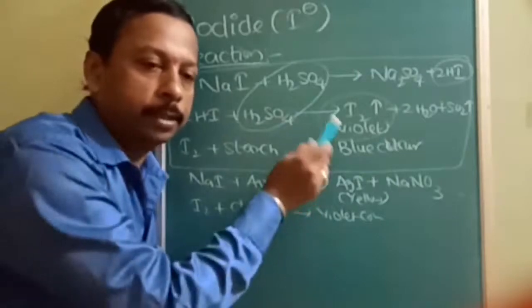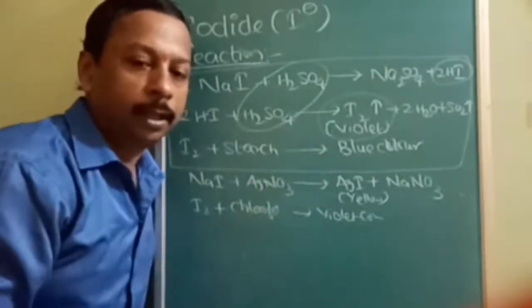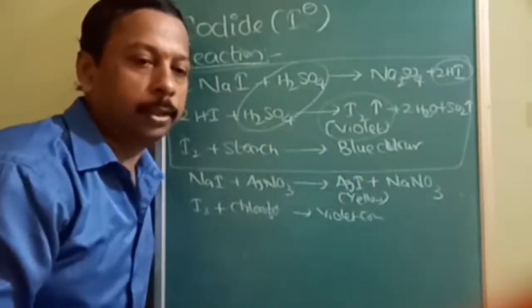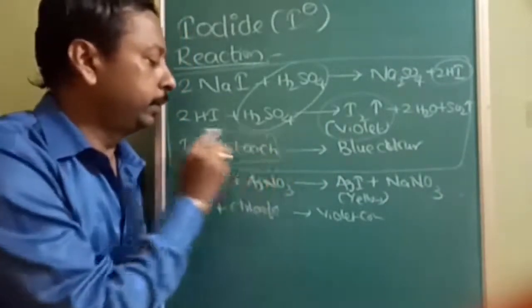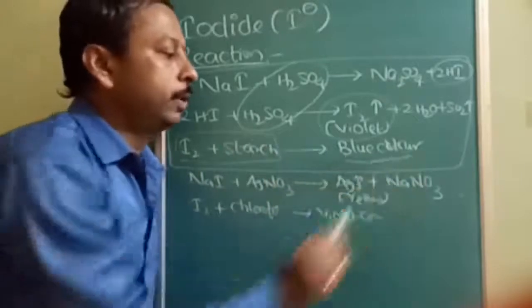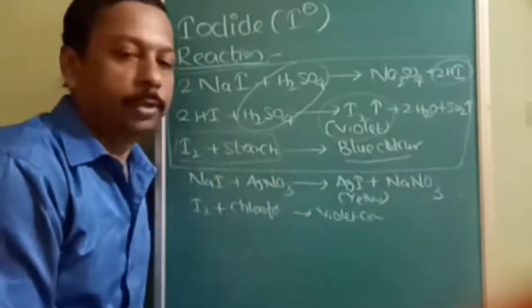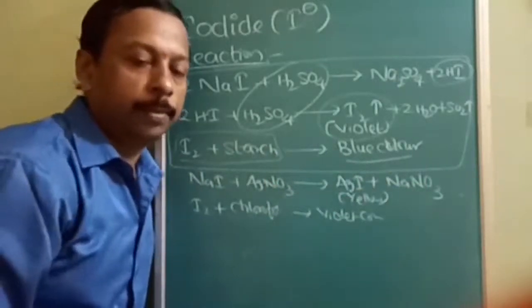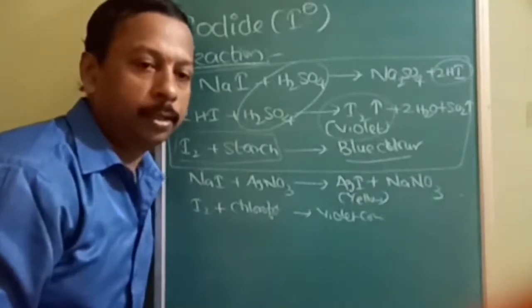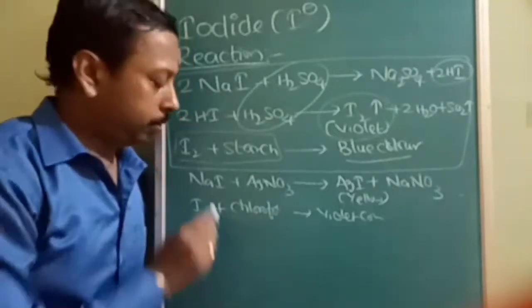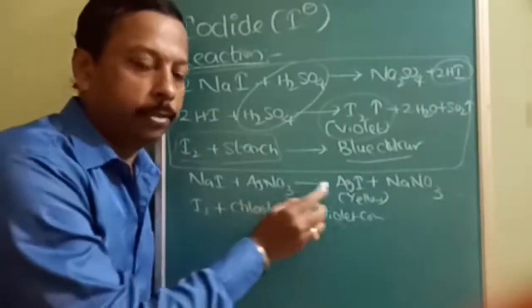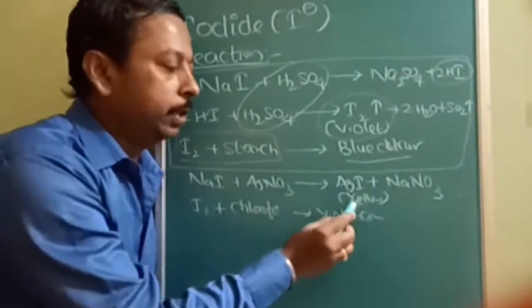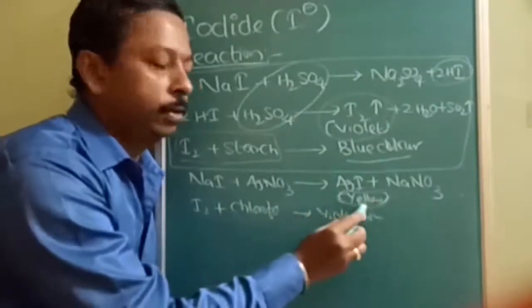This we have discussed in the previous dilute acid test also. There I mentioned iodine is to be tested with starch paper, which turns blue. Then sodium iodide with AgNO3 will give AgI, which is yellowish in color.